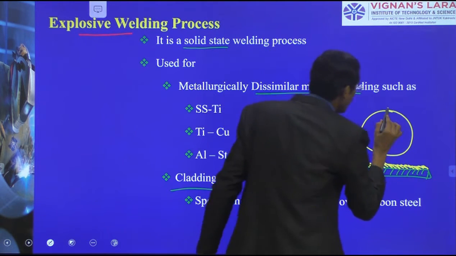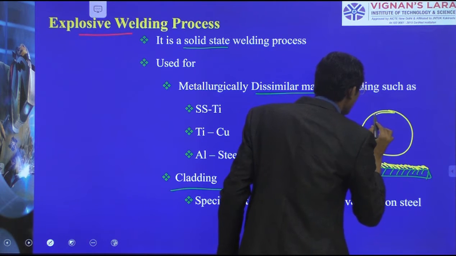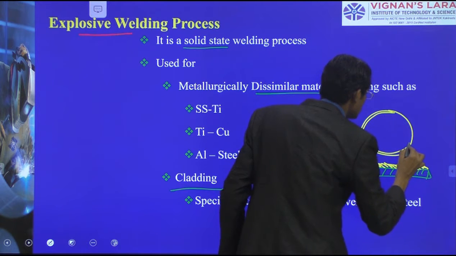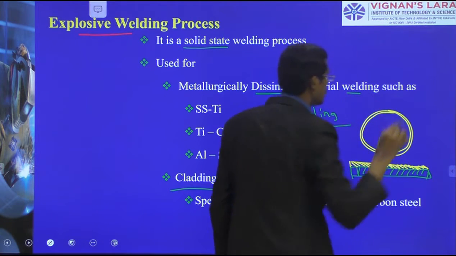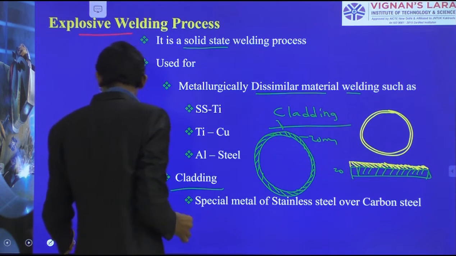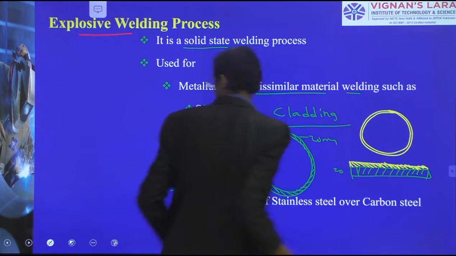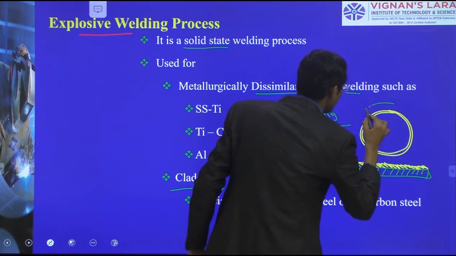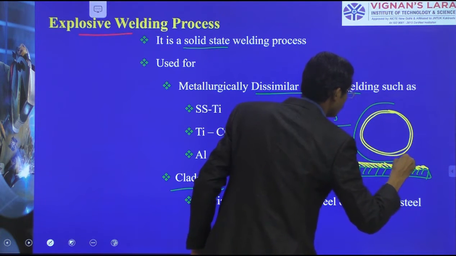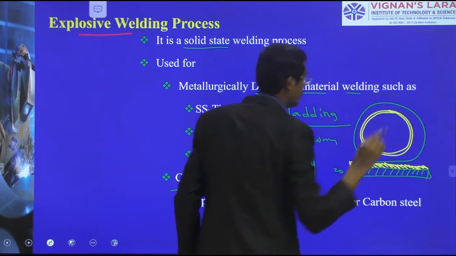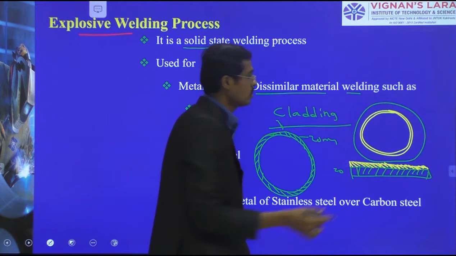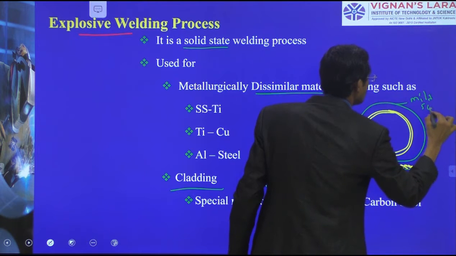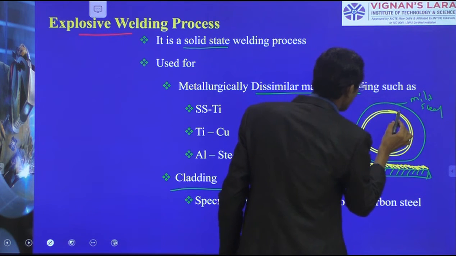A small, thin layer of stainless steel is attached on the inside, and above that I have bent this. See, at the outer part of this component we have mild steel, and inside we have the stainless steel.